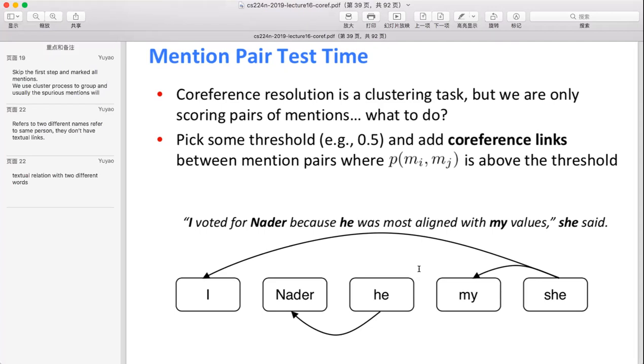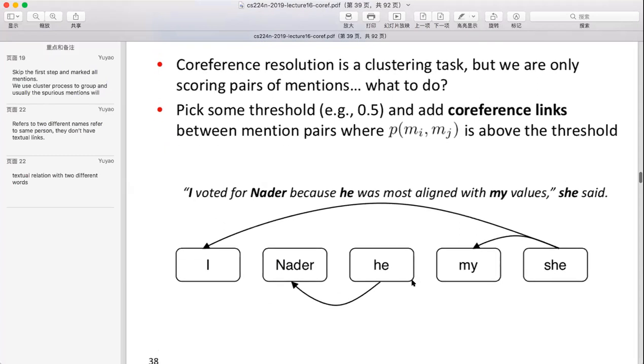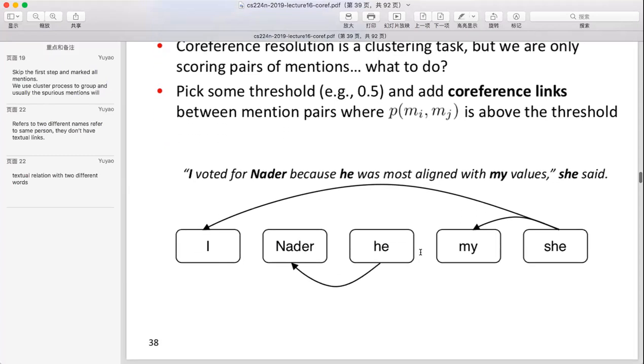Sometimes you can set 0.5 or 0.8. It's probably by experience or by a previous data set. And after we set our threshold, we are already done with our clustering. So if bigger than 0.5, we set as positive pairs. If smaller than this, we set as negative pairs.